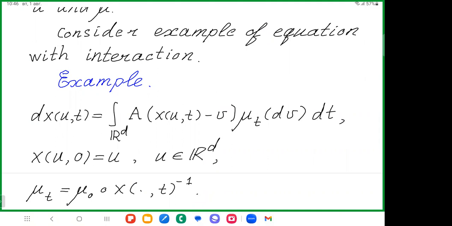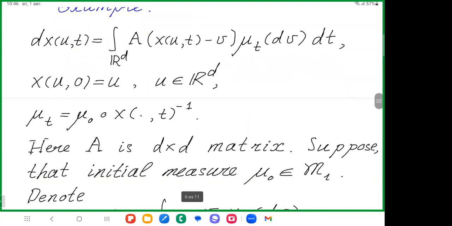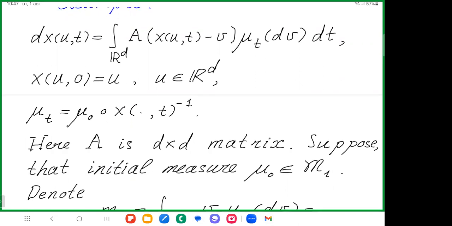Here A is just a matrix, and mu t is the image of the initial measure mu0 under that mapping X. I suppose that the initial mu0 belongs to M1, so it has the first moment, and it is not hard to check that mu t also will have the first moment, so we can integrate v against mu t. Here A is just a fixed matrix, as I said.